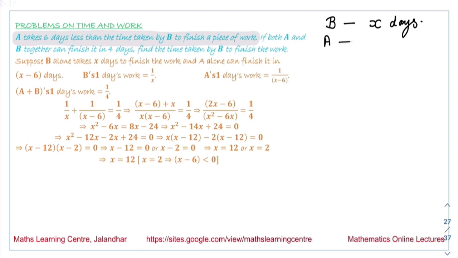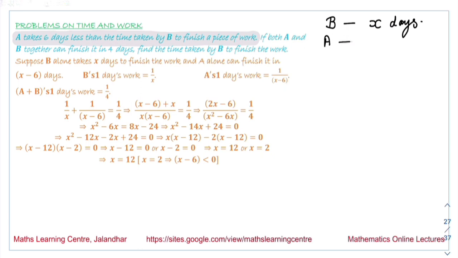So we are talking about the part of the tank filled by the smaller tap in 1 hour, that will be 1 by x part, and by the larger tap in 1 hour, that will be 1 over x minus 10.